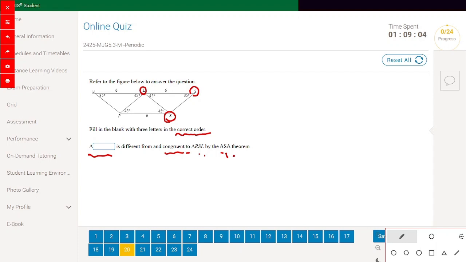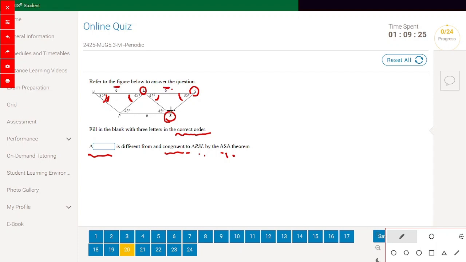I have angle side angle. Now angle S is 35, so in here, 35, yes, N is 35. And L is 45, and L is 45, and NL is 6, and NL is 6.